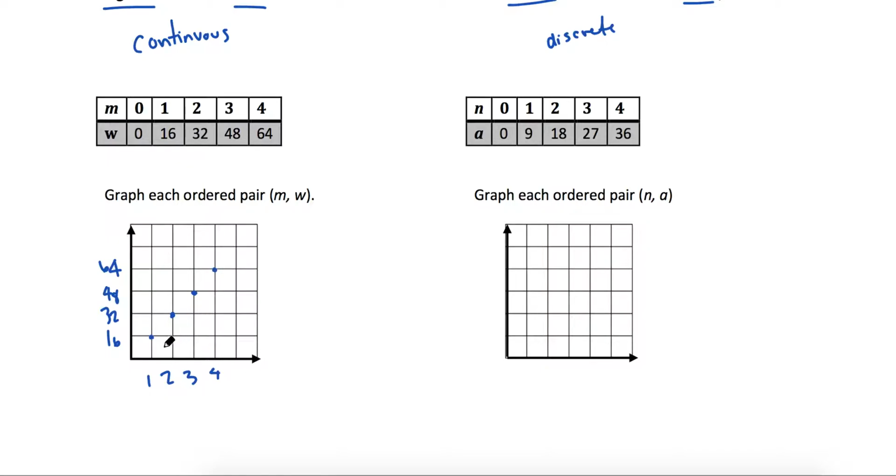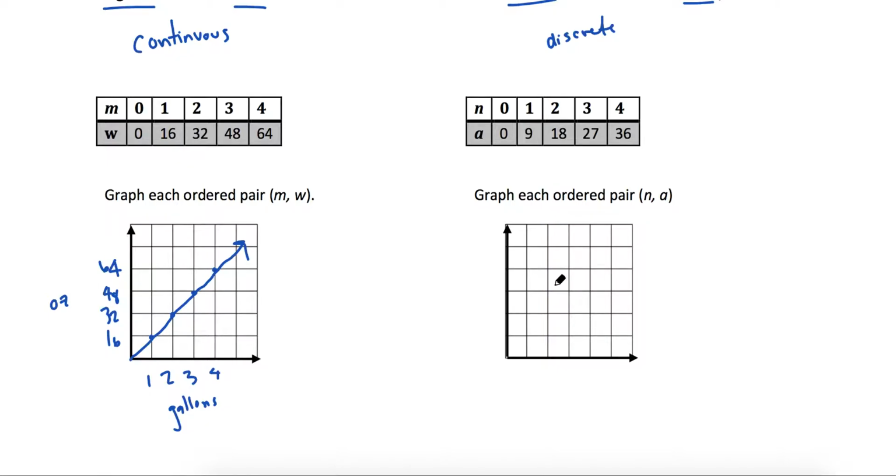So however many gallons we have corresponds to how many ounces of cheese we make, and we can connect those with a nice solid line because we could really make any amount in between there. Okay, this is gallon and ounces here.